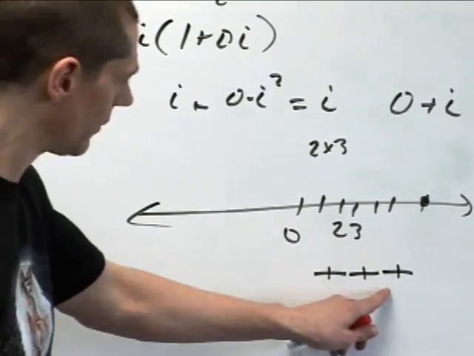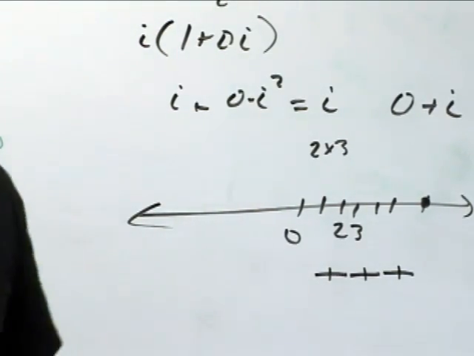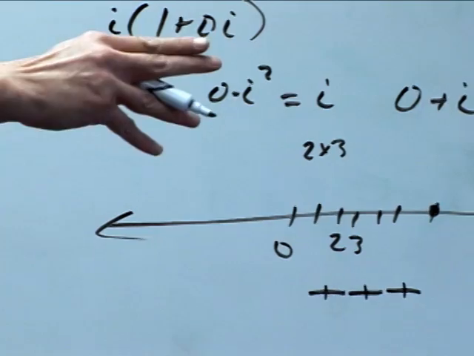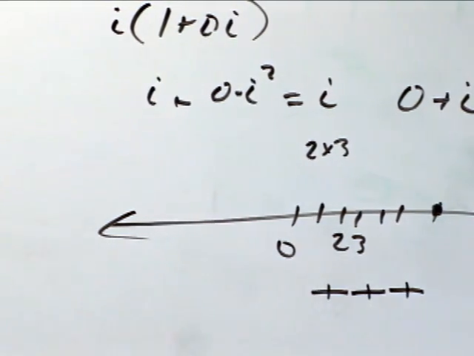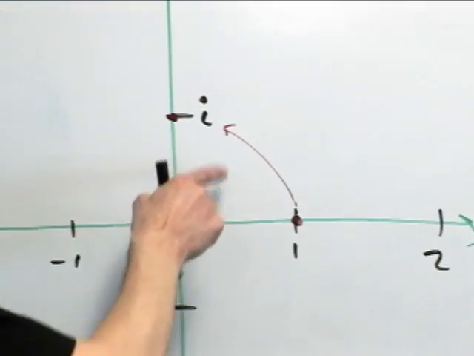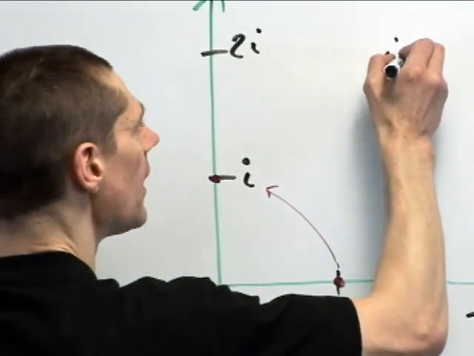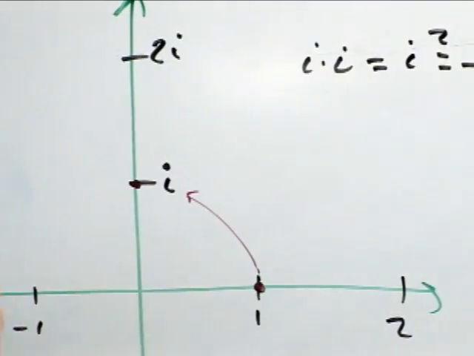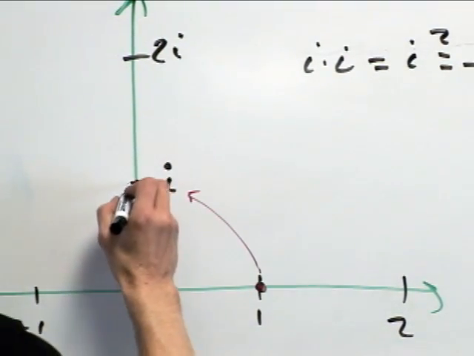So 1, 2, 3, 4, 5, 6. We went that way. So now let's multiply by i. We multiplied 1 by i, and we go to i. i times i is i squared. This is negative 1.